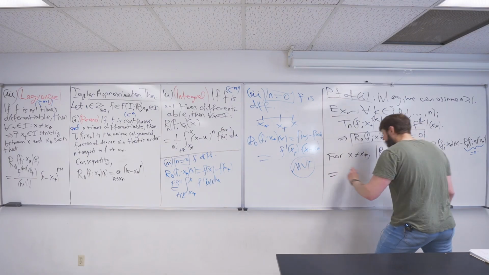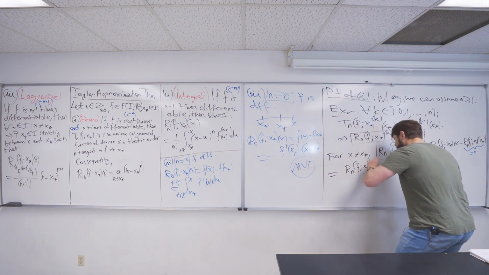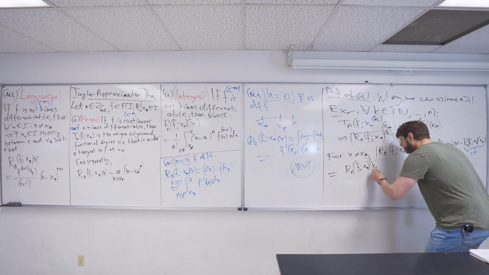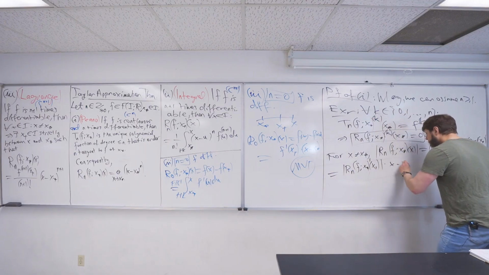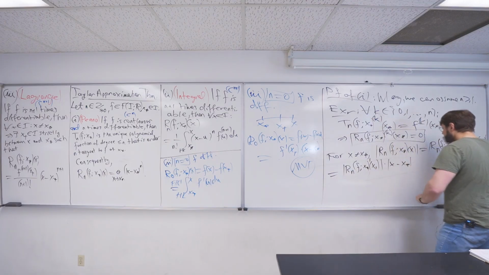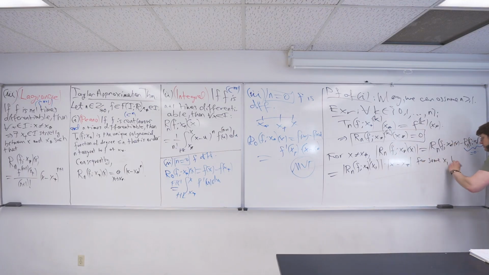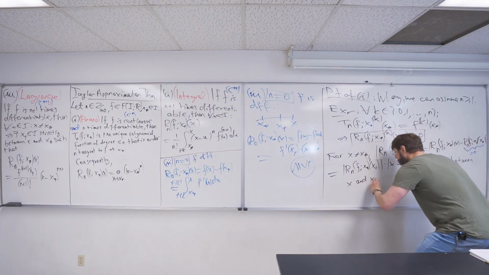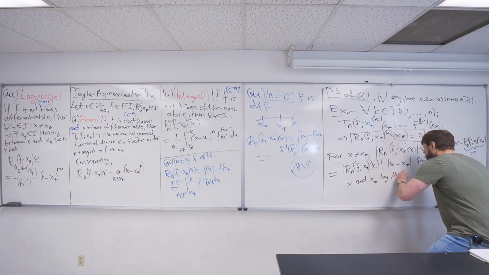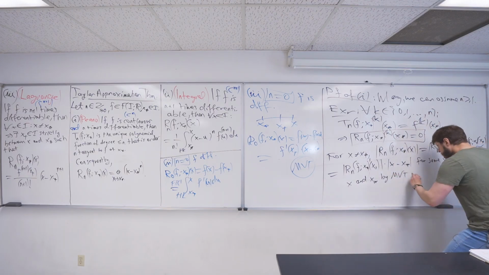And I can write it like this: the absolute value of the derivative at x1, times the absolute value of x minus x star, for some x1 between x and x star, by mean value theorem applied to the nth remainder.